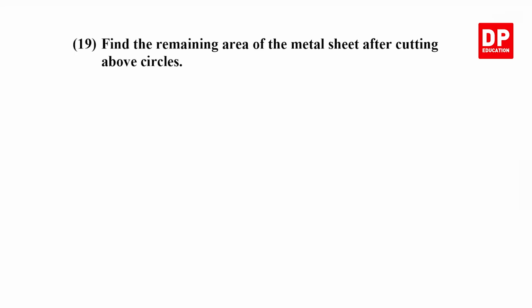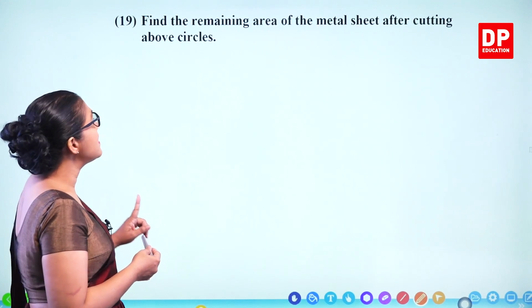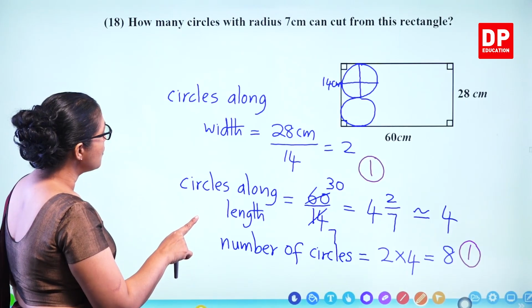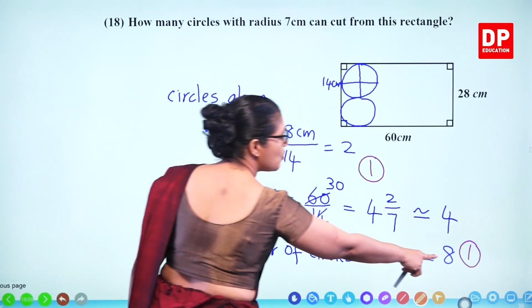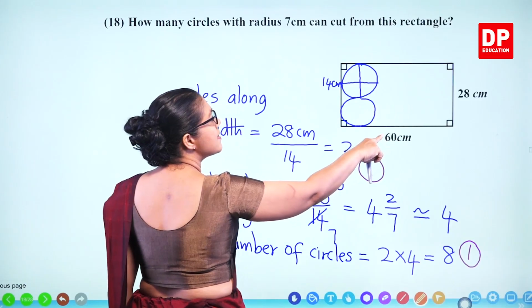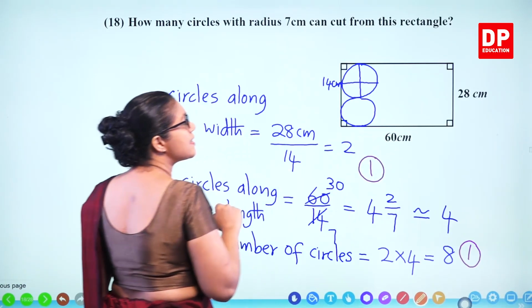Question number 19. Find the remaining area of the metal sheet after cutting the above circles. This is related to the previous one. Here 8 circles can be cut and the full area is 28 into 60.